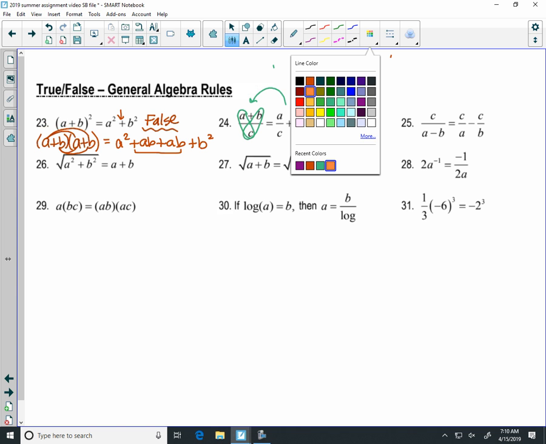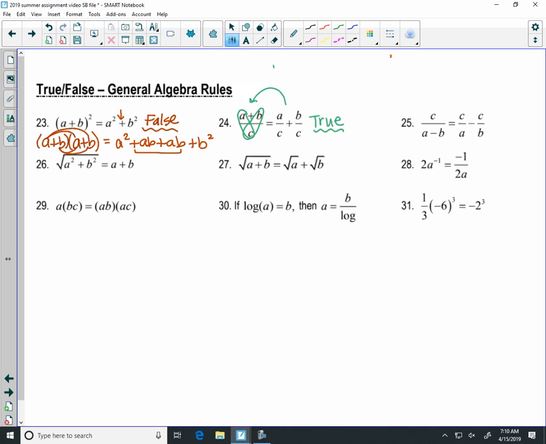Now, although you can break up over a common denominator, you can't break up over the numerator. So 25 is false. That does not work. And I think that you would see it if you picked some numbers. So let's say I use 2 for A, 3 for B, and 4 for C. So here, if I worked on just this side, that I just plugged in some numbers, it would be 4 over -1.